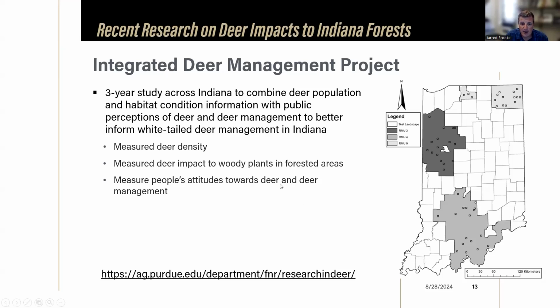I'm going to cover this middle one here and a little bit about the deer density, but this map on the right shows you the areas of the state that we worked in. And so for those of you familiar with Indiana, where my cursor is right there is about where I'm sitting currently in West Lafayette, Indiana.